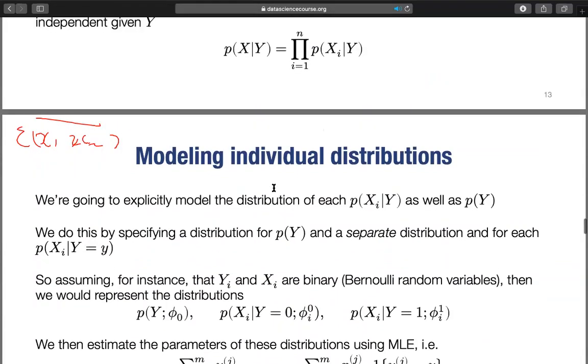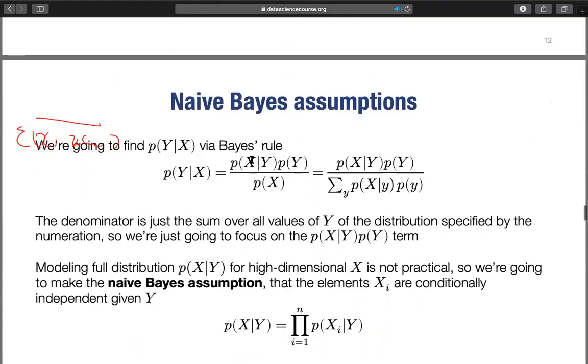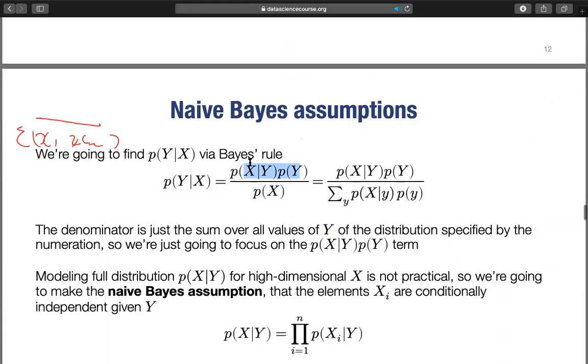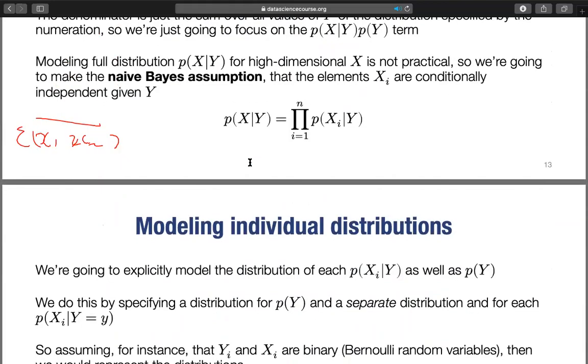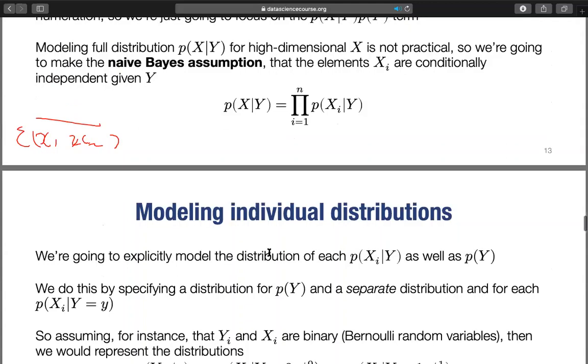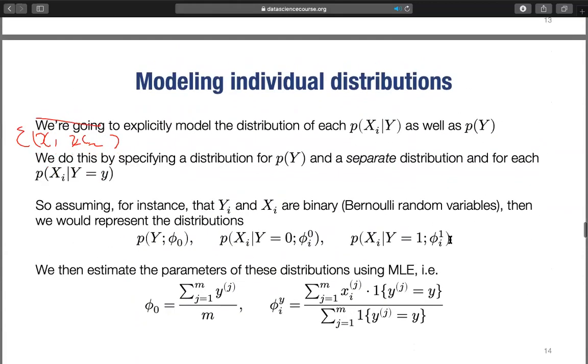Then I went further to say that knowing that this is what we are dealing with, we can describe this using the maximum likelihood estimation that we've been talking about. And what we'll have is this here.